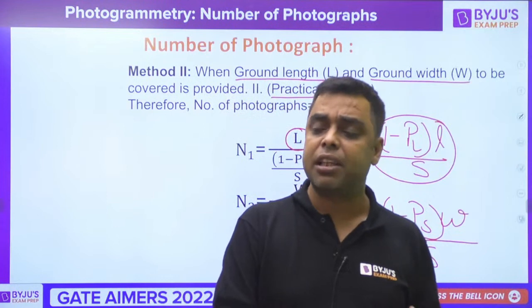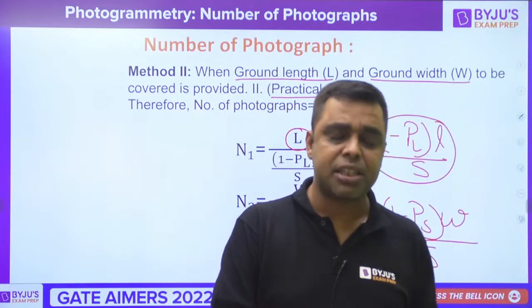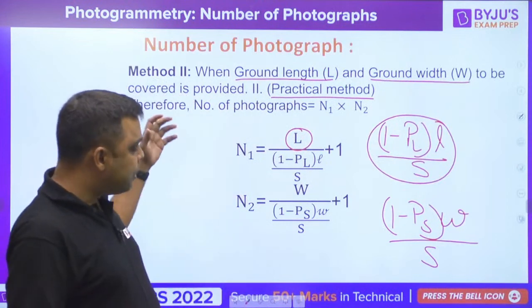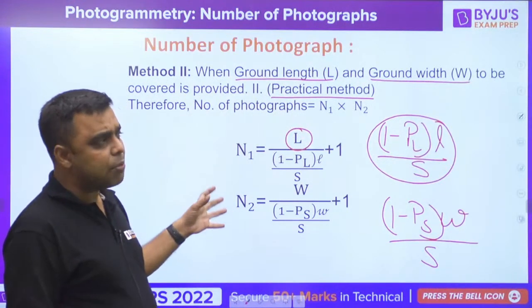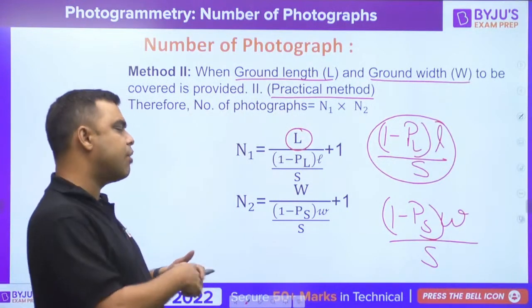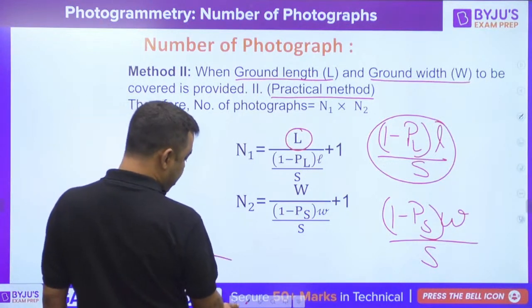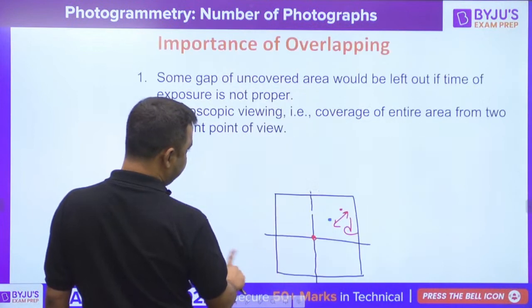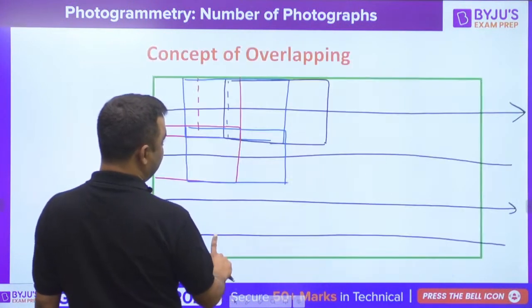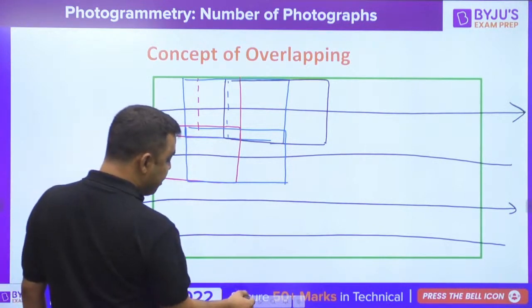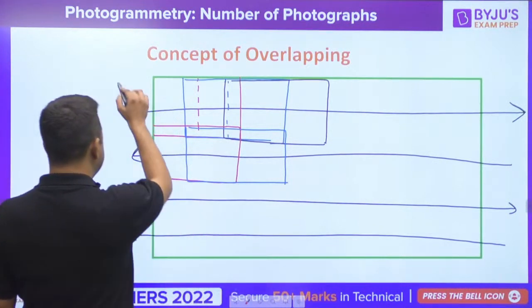And why do we add this plus 1? This plus 1 is added just because we have to take one extra photograph. Basically, we need to take 2 extra photographs, as we have to start early. Over here, we started taking the photographs from the edge, but in reality we never take the photographs from the edge.